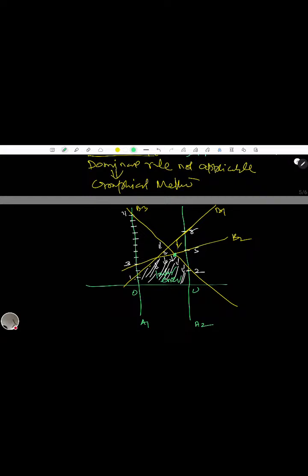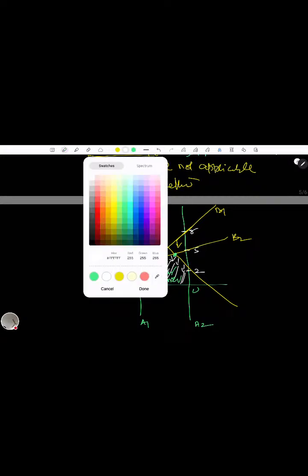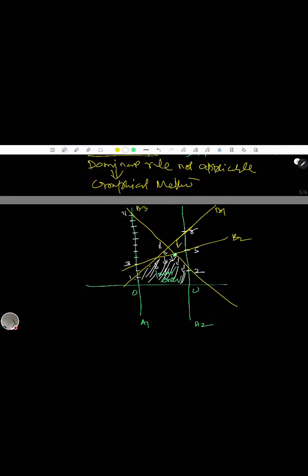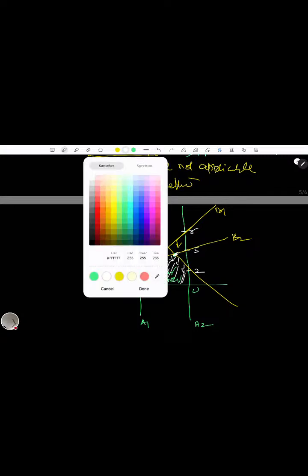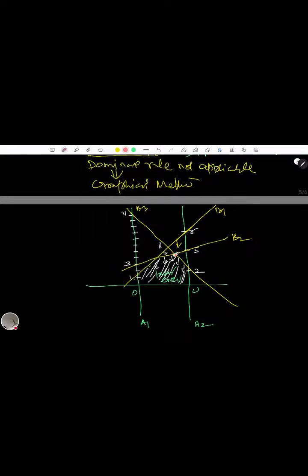So what is the highest point of this lower envelope? This point is my highest point, because in this boundary this is the highest point.